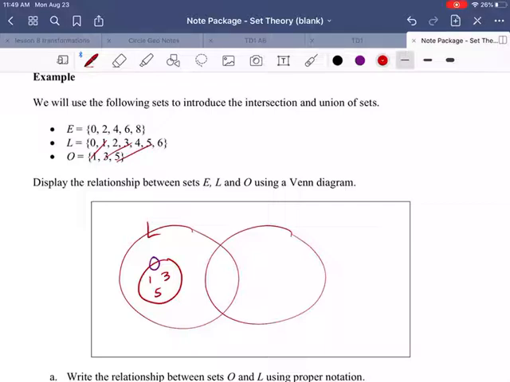But 0 is also part of set E, so that goes in the middle. 2 is part of both set L and set E, so that's going to go in the intersection.